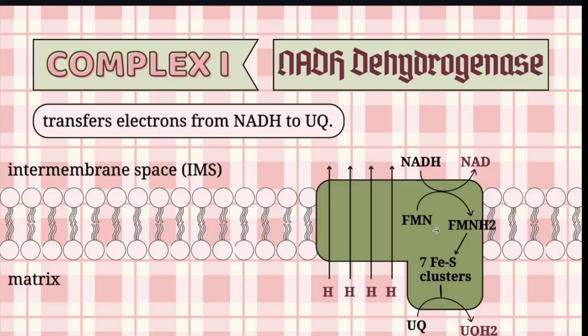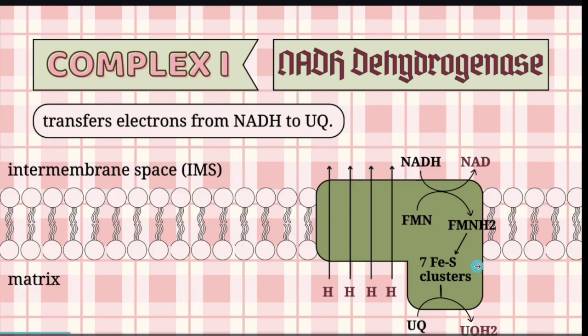Now, because FMN receives 2 electrons and is reduced to FMNH2, the electrons are not going to stop here. They're going to go through 7 iron sulfur clusters.